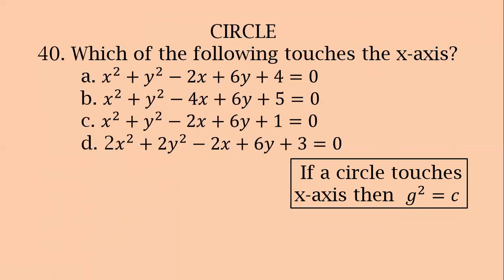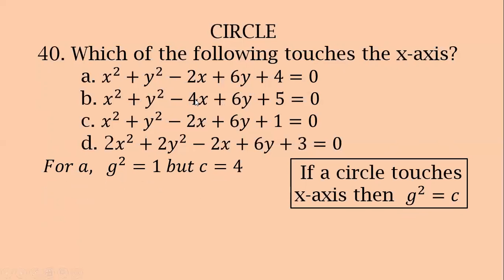Here you see, in circle A, g is equal to -1. So g square is equal to 1 and c is equal to 4. So this one doesn't satisfy the condition g square is equal to c. In B, we see g is equal to -2.